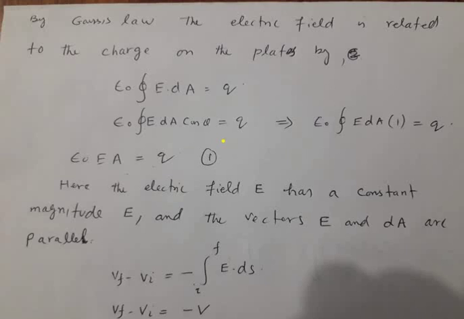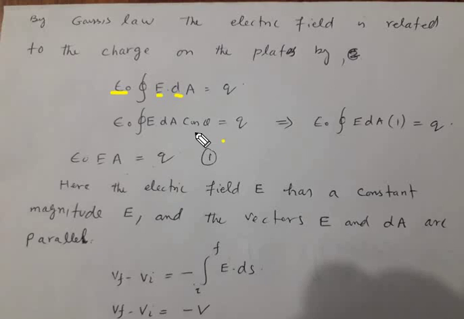By Gauss's law, the electric field is related to the charge on the plates by the following equation: epsilon naught times the closed integral of E dot dA is equal to Q. The dot product between E and dA is E dA cos theta.